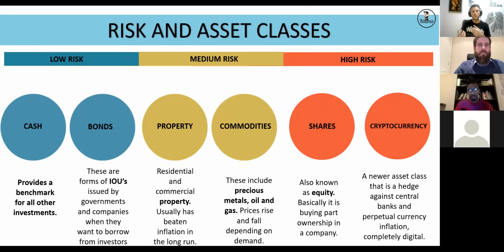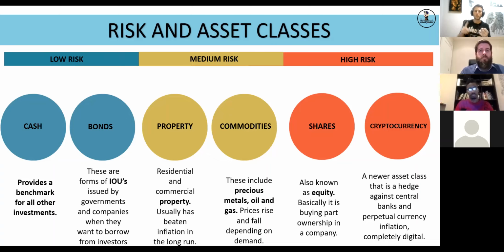And cryptocurrency, which is the newest asset class on the block, is extremely high risk. So if you like to take risk, like Tozi or Ricardo or myself, then you're probably going to dip your toes in the water there and allocate a small percentage of your overall capital, maybe 5 to 10%. That depends on the type of investor you are.